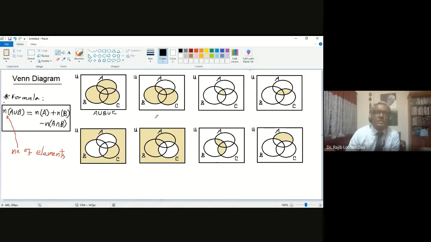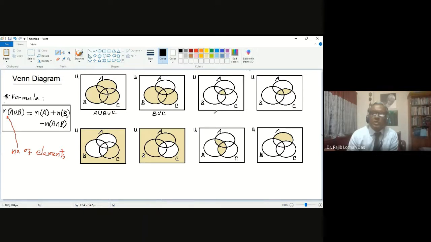And what will be the second one? It is only B union C. If you say B union C, then that is enough. No need to say anything about A, because it is clear that you can say B union C. Something is common with A, but it is not a problem.